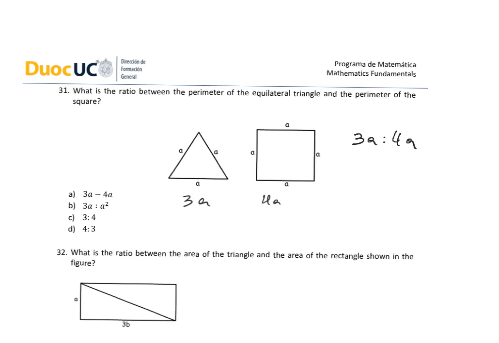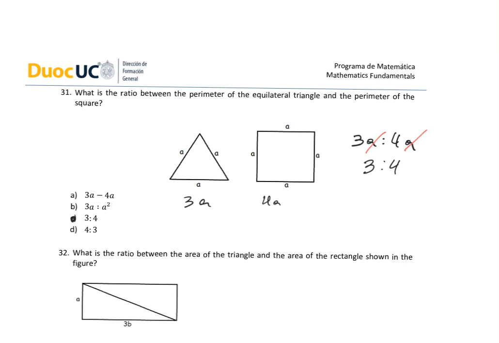That is not one of the answers, right? Can you simplify this? Yes, of course you can, because a ratio works a bit like a fraction. So you can simplify by A, and this becomes 3 to 4. And that is one of the answers, C.